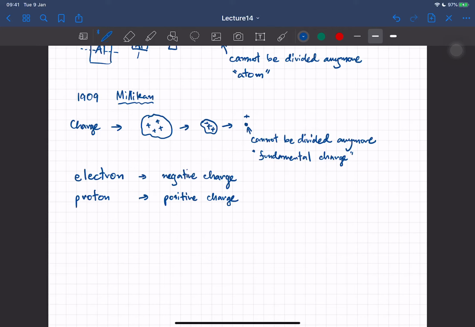But in any case, the electron and proton charges, one is negative, one is positive. So we're gonna call this one minus E and plus E, where E tells you the amount of charge, and we're gonna tell you in a moment what it means exactly. So amount of charge.